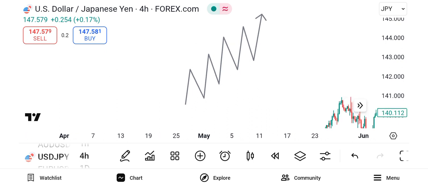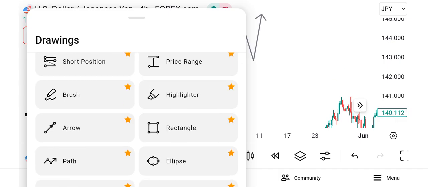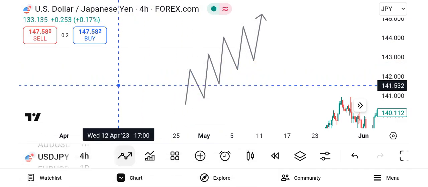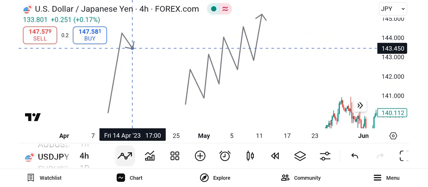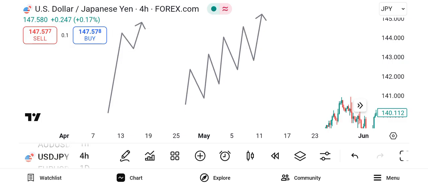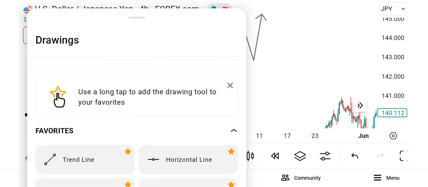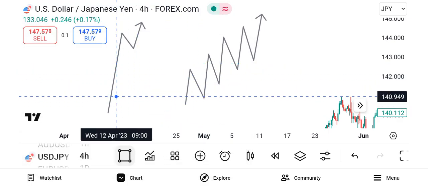But when we have this particular move like this, what should come to your mind is that as long as the market has left, let's say we have something like this, all these spaces here, the market will still come back to fill them.